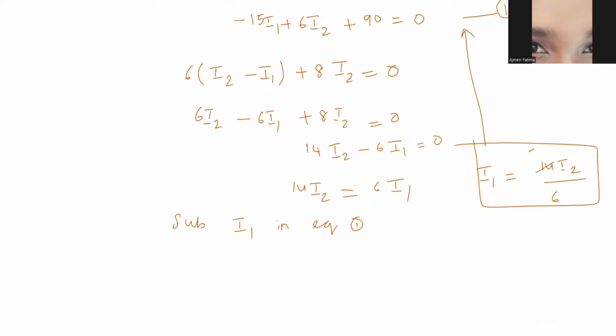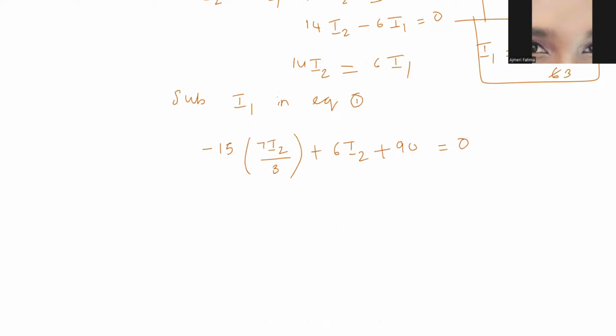So I1 is equal to 7 I2 by 3. Just substitute. So it would be minus 15 into I1, that is 7 I2 by 3, plus 6 I2 plus 90 is equal to 0. So if you simplify this, you'll get one equation that is 35 I2 minus 6 I2 is equal to 90. This is your equation 3.